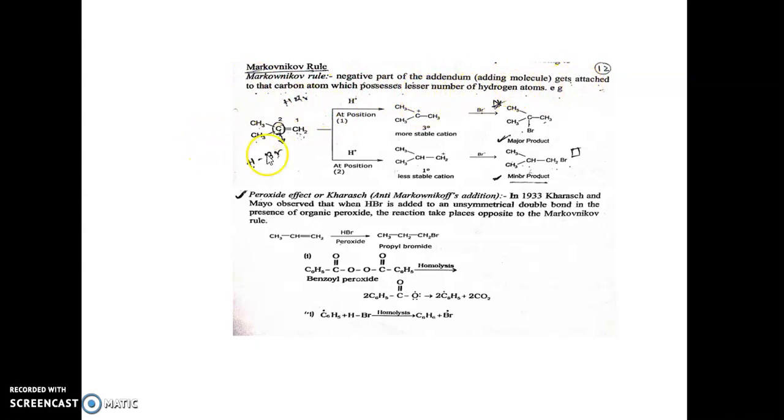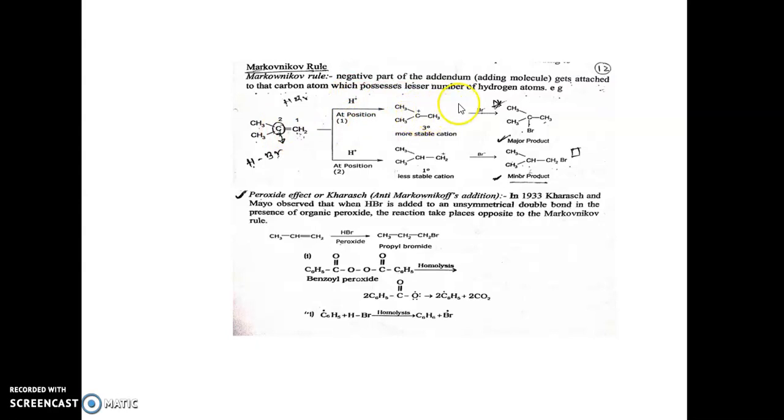Now you can see over here, it is an alkene compound, and it first reacts with H plus of HBr, forming this carbocation, this positive charge, because the bond is opening in this way and catching the hydrogen ion, and the positive charge appears on the head carbon atom over here.